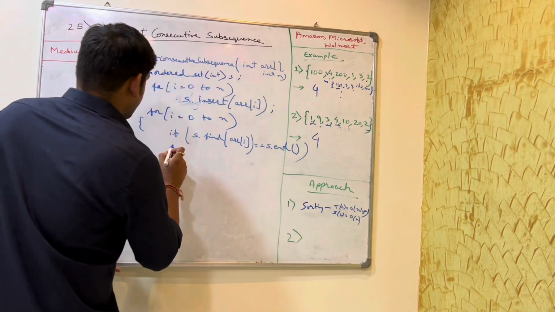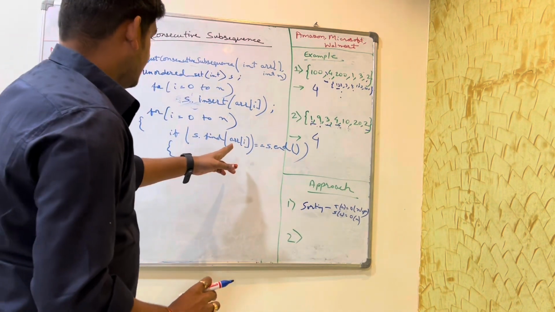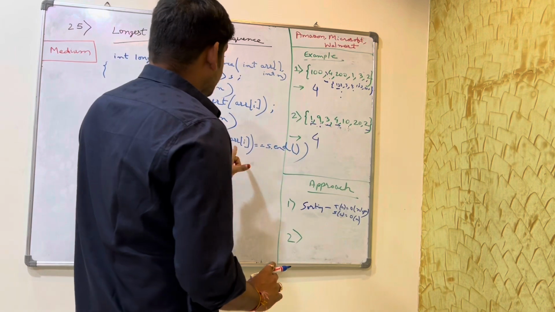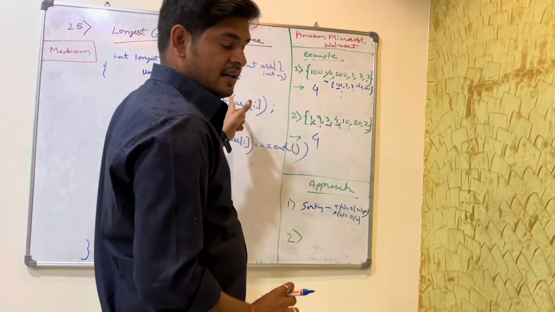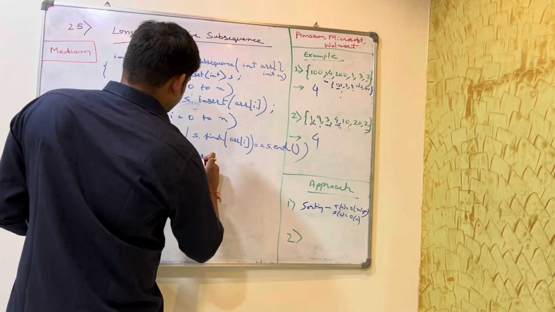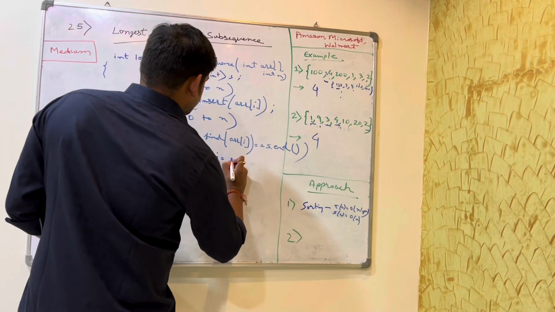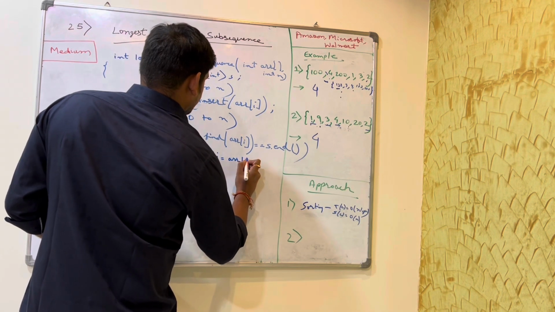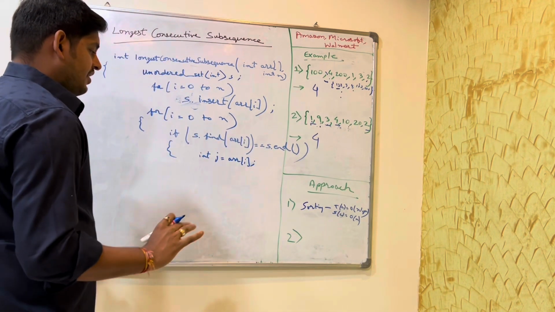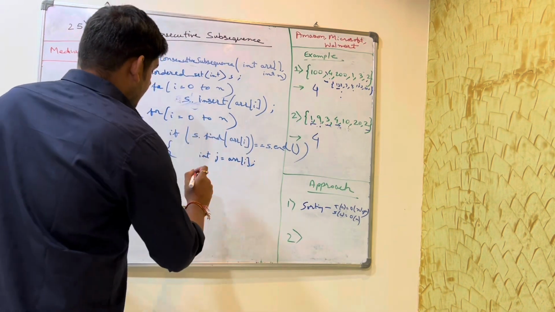That the element is not present in the set. So in that case, we take a j value and store it as array of i. So we have stored this value in j, whatever the element is.